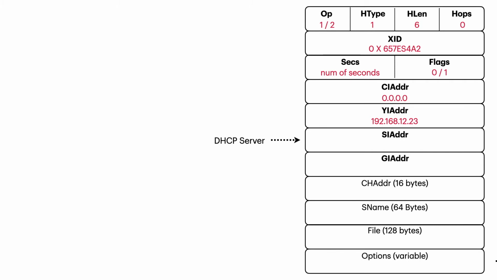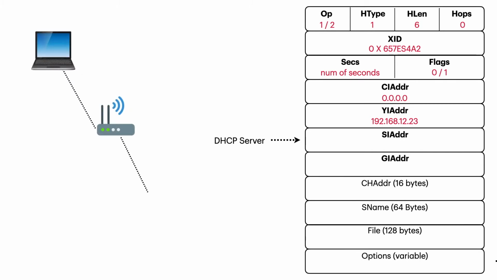In the gateway IP address field, the relay agent fills the IP address of the interface at which it receives the message from the DHCP client. The relay agent is a router R1 that passes messages between the DHCP server and the DHCP client present on a different subnet.